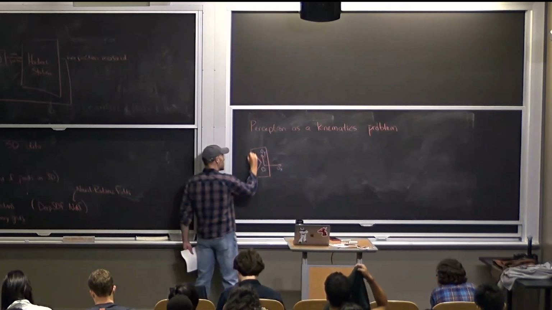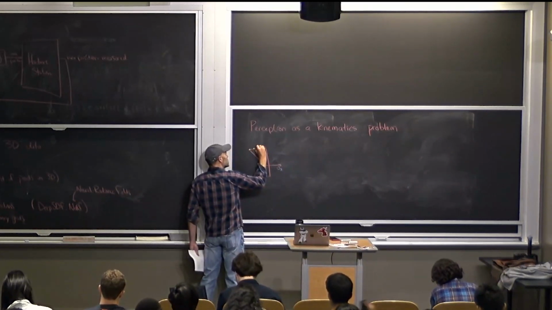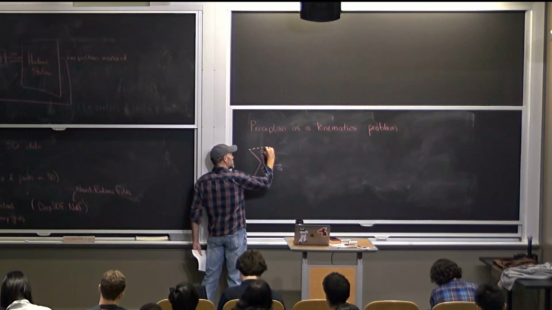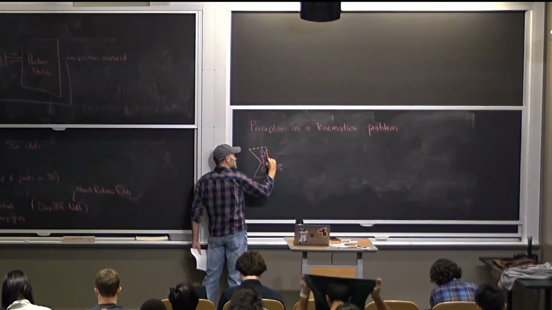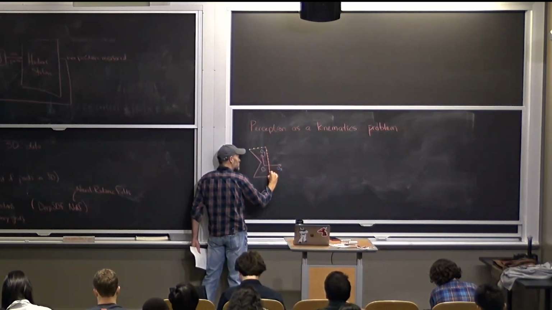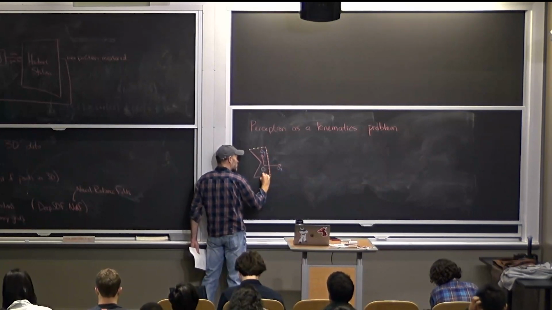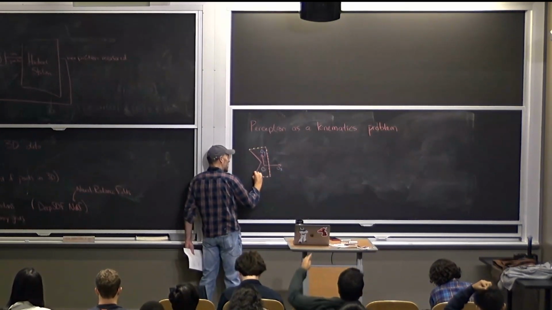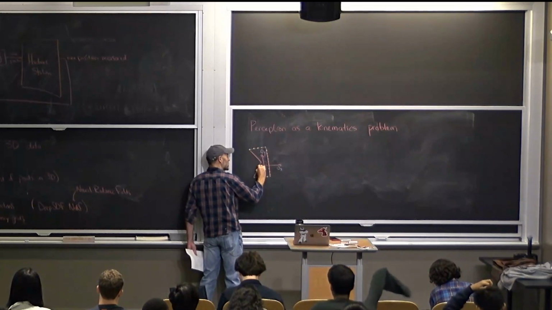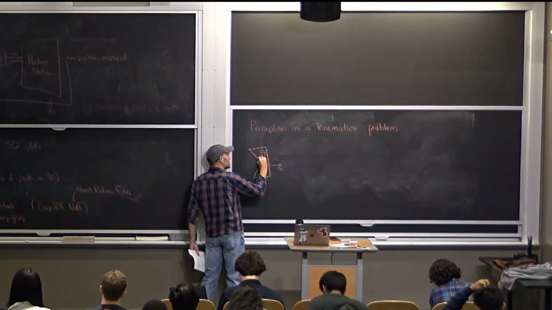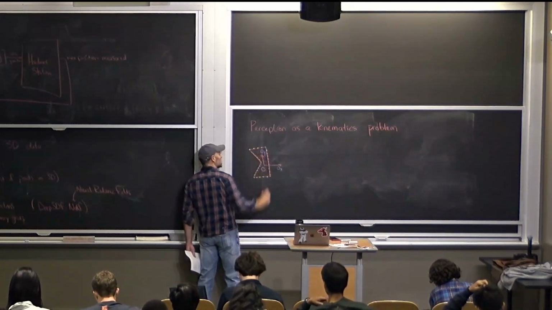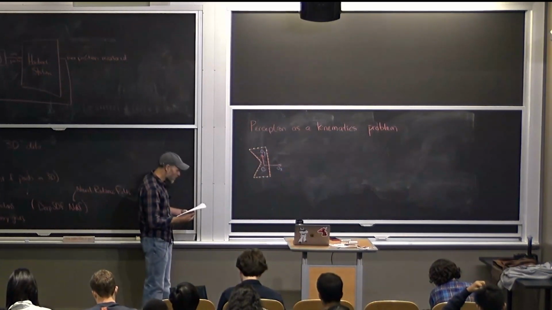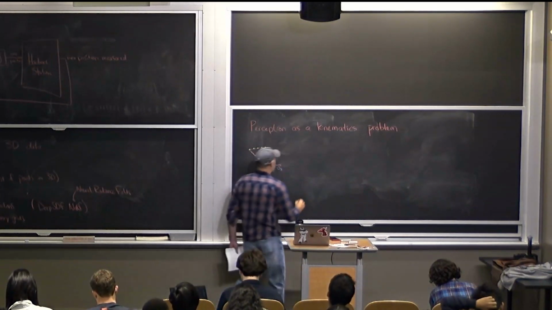So I want to represent this object with a series of points on the boundary. They're going to be points in, for my example here, a 2D space, and they're going to be written in the coordinate system of the object. I'll call those points the model points.